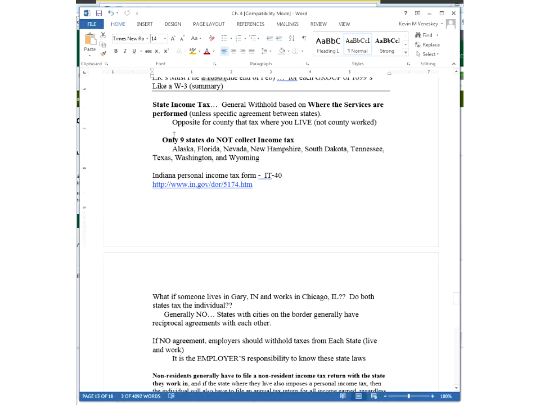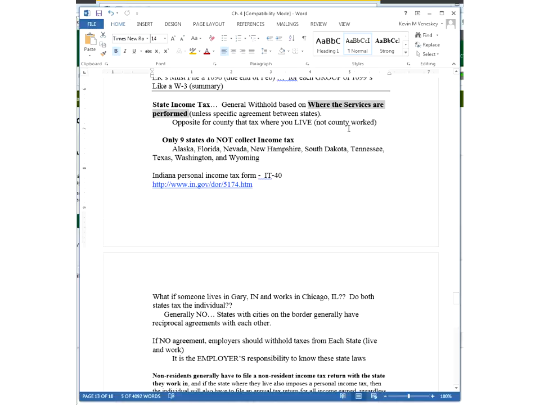State income tax. We're not going to talk a whole lot about this. This is more of a federal class, but it is good to know a little bit about state income tax, and that most states do collect an income tax. And the key here is you are taxed in the state where you did your service, which is very critical.